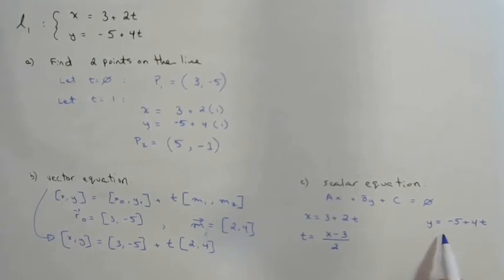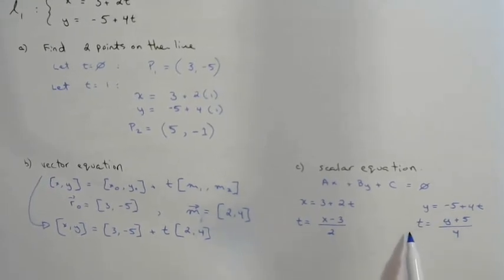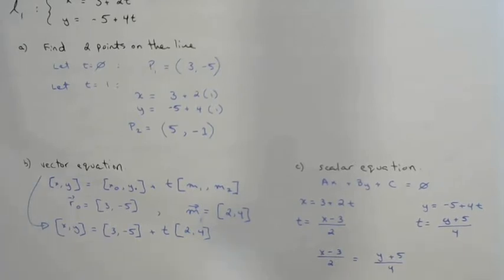Over here, I'm going to add 5 to both sides and then divide by 4. So I'm going to end up with t equals y plus 5 over 4. Now I have two equations for t, and I know this t is the same as that t. So what I can do is equate these two. So I have x minus 3 over 2 is equal to y plus 5 over 4.